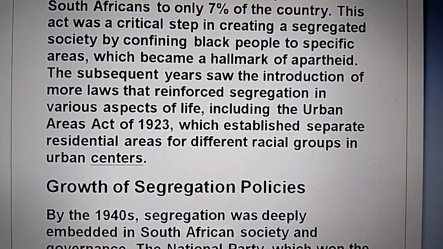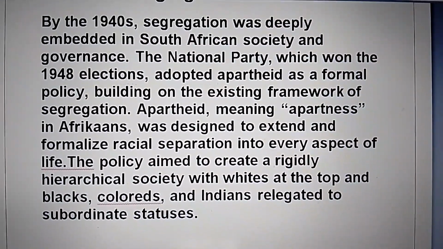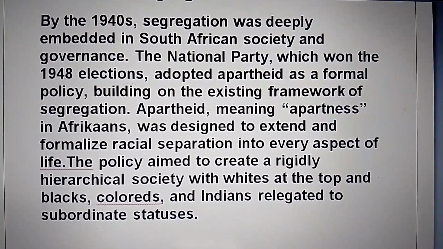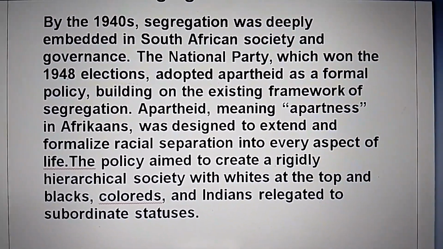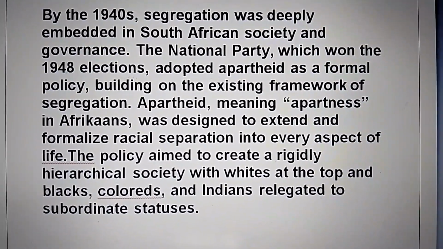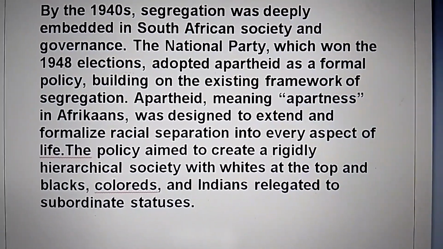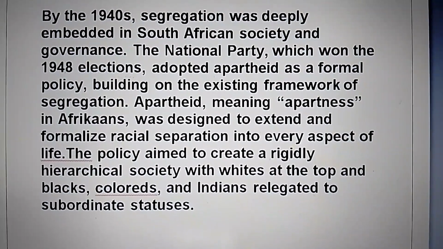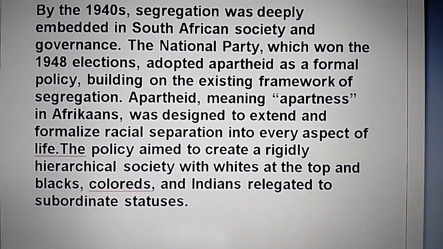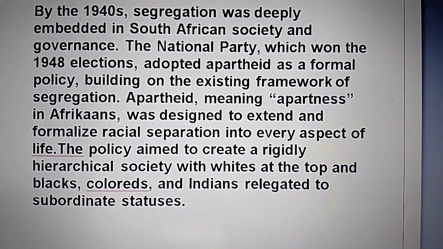Growth of segregation policies. By the 1940s, segregation was deeply embedded in South African society and governance. The National Party, which won the 1948 elections, adopted apartheid as a formal policy, building on the existing framework of segregation.